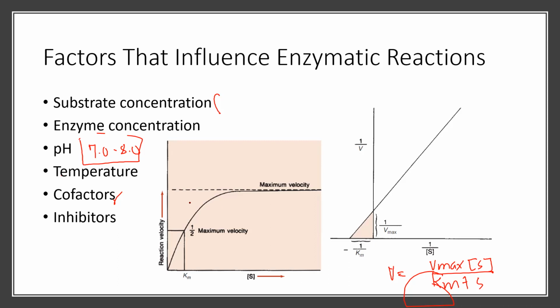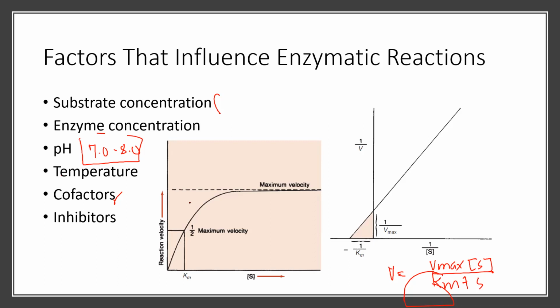And the most important factor that influences our enzymatic reaction is the inhibitors. Inhibitors are easy to understand. There is someone inhibiting the enzyme-substrate complex.